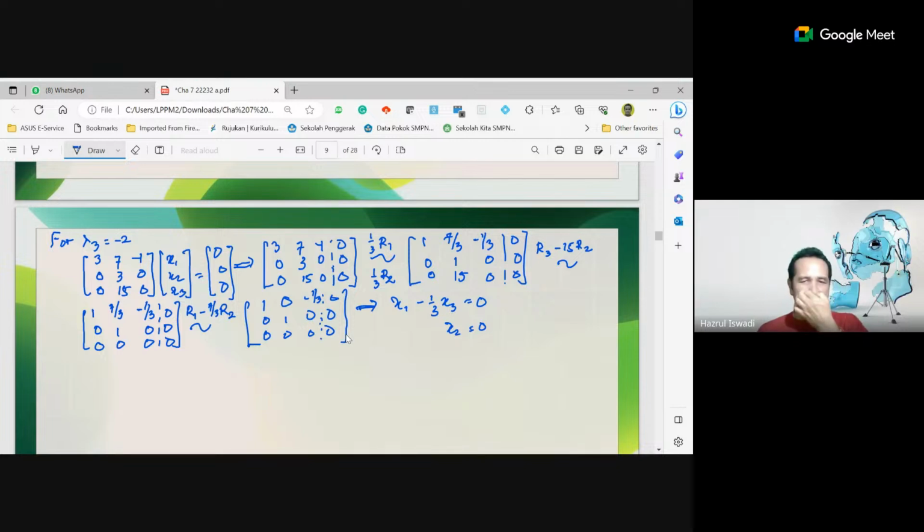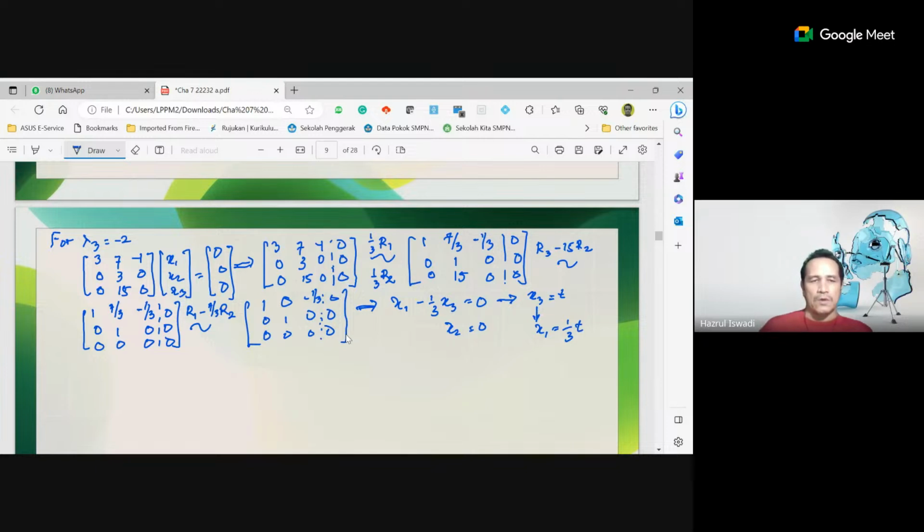It means that finally we only have one equation, and from this equation we can let x3 be t, or s, anything we like, maybe t. By letting this, we have that x1 will be 1 over 3 t, because x1 is equal to 1 over 3 x3.